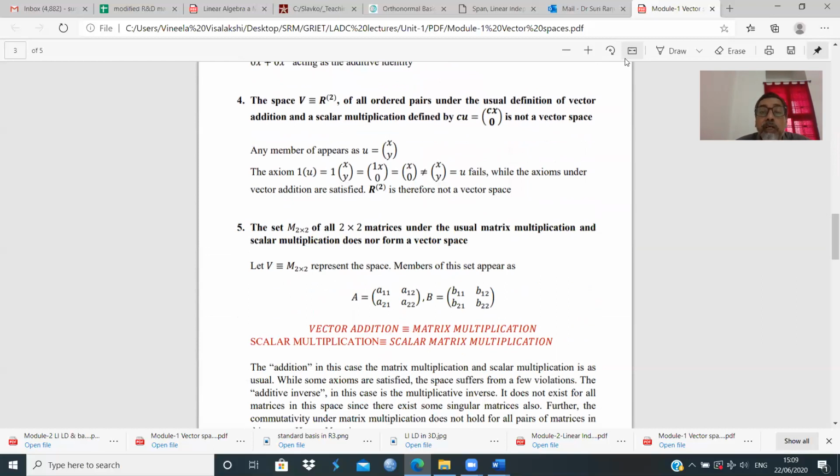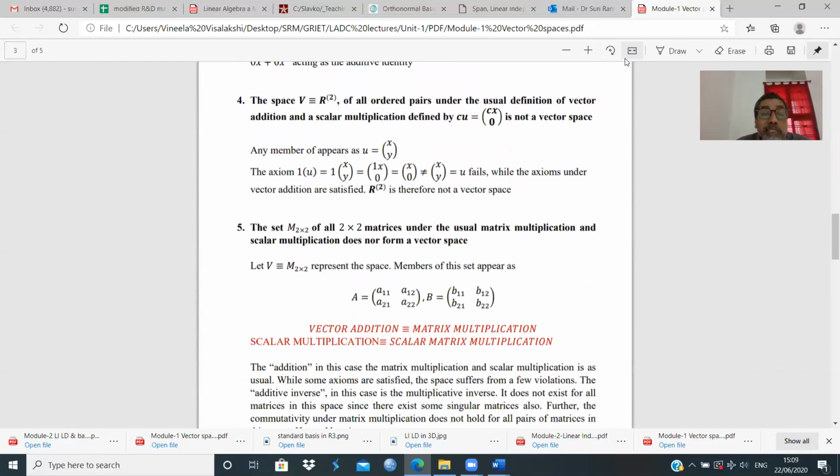That means c will multiply the x coordinate straight away, but reduces the y coordinate to 0. If this was the definition of scalar multiplication, we will see why R2 does not become a vector space.